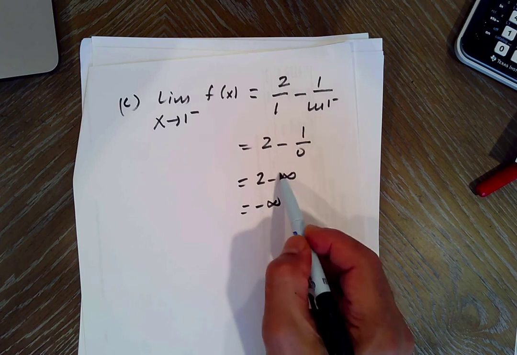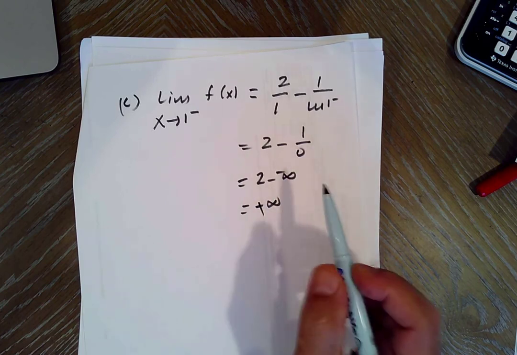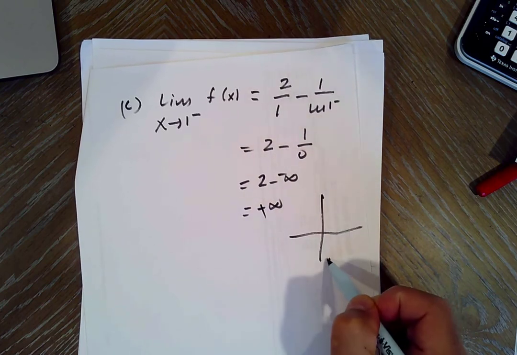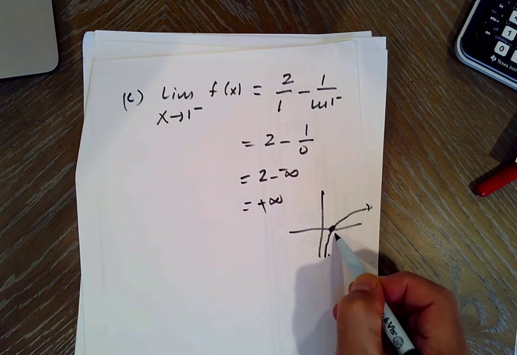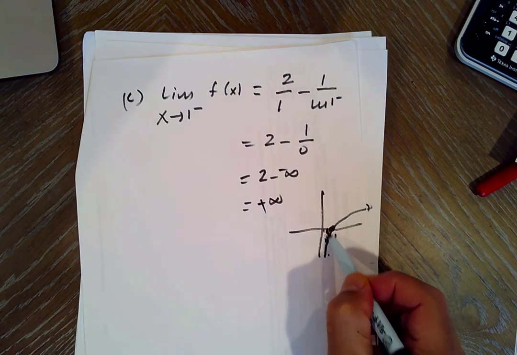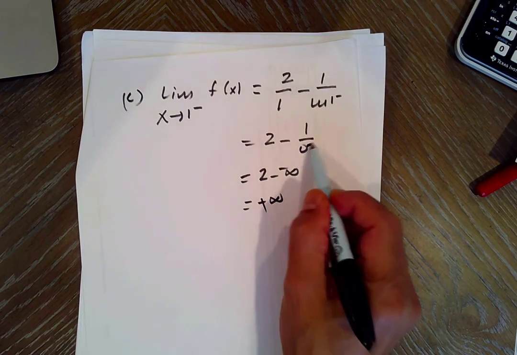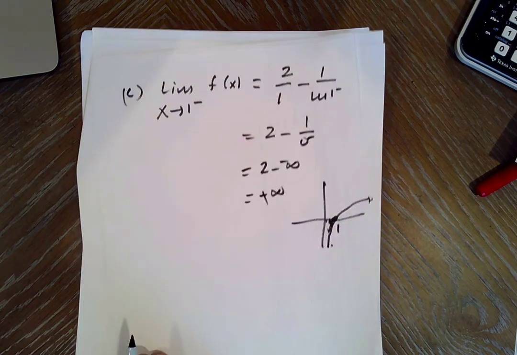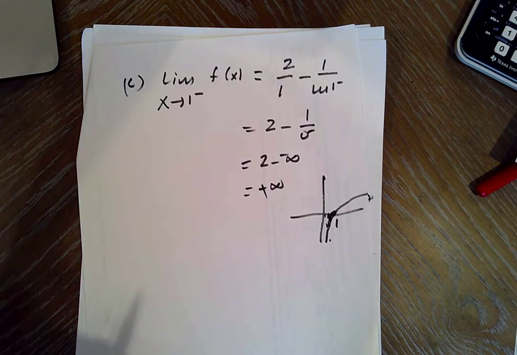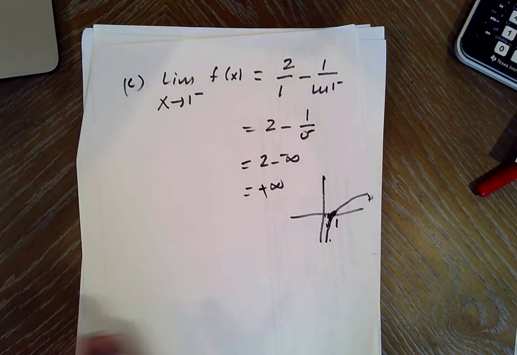This is minus negative infinity, so it's plus infinity, because as x approaches 1 on the log graph, this is 1. As x approaches 1 from the left, y is 0 minus. Okay? And that's why it's going to be plus infinity. Alright, you can do the rest.